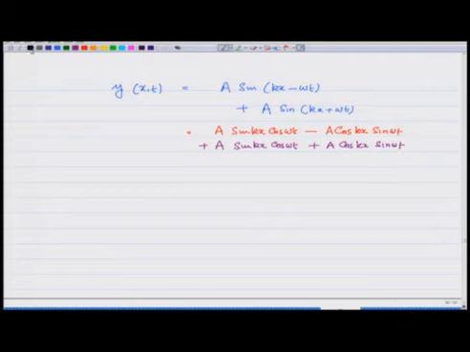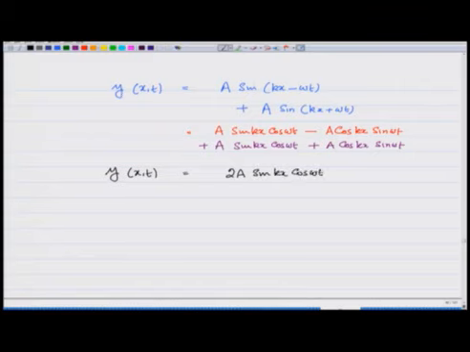And if I add these, I get y x t, which is of the form 2a sine k x cosine of omega t, because the second term cancels.